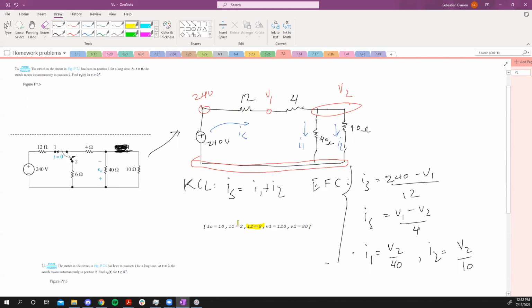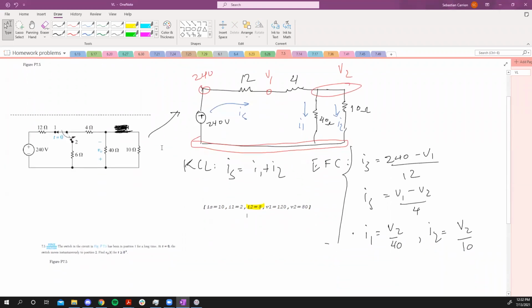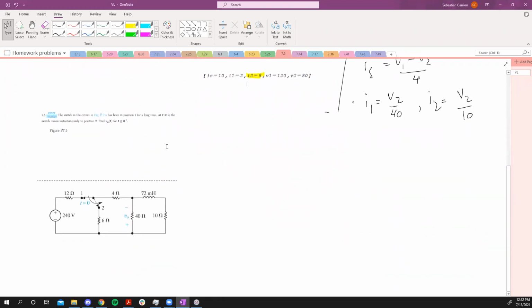We're interested in the current across I2, right? Because we know that our formula for the inductor is V equals L times di(t) over dt.